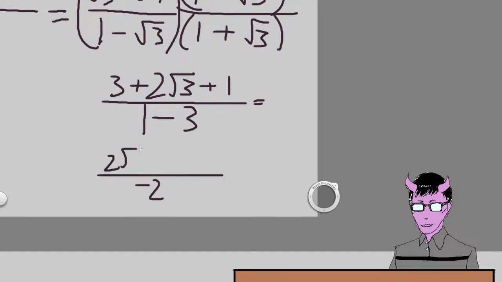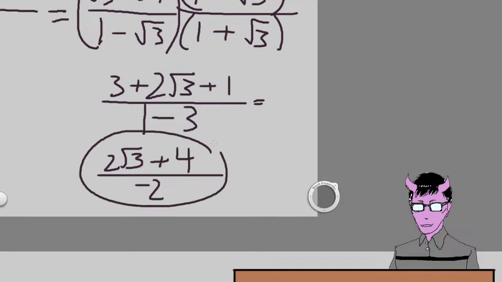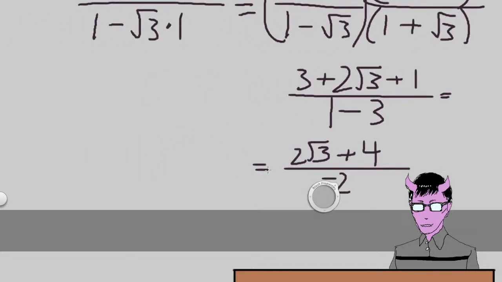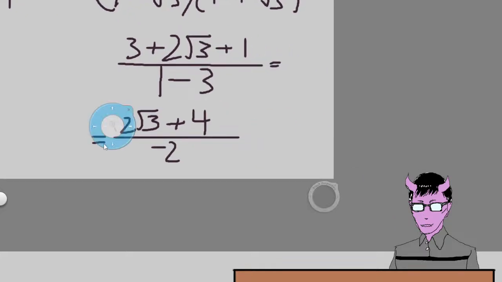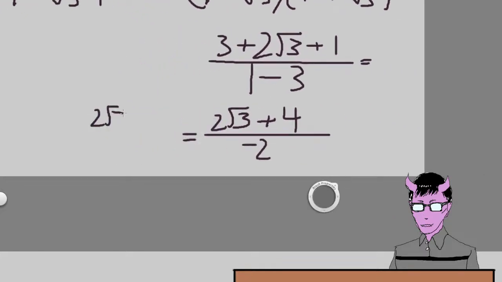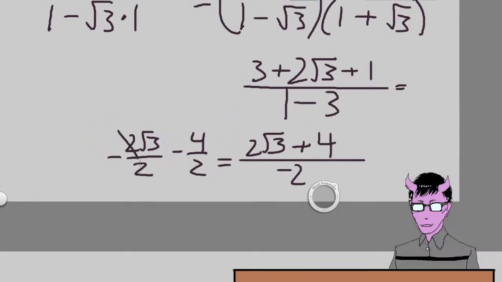That one is going to be 2 root 3, and then 3 plus 1 is 4. This is simplifiable, and it has a negative, so let's decompose the fraction into 2 root 3 over negative 2 and negative 4 over 2. This one simplifies. Cancel, cancel, cancel. And thus we get negative 2 minus root 3.